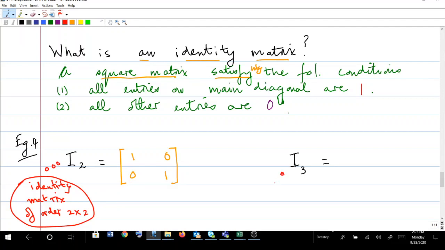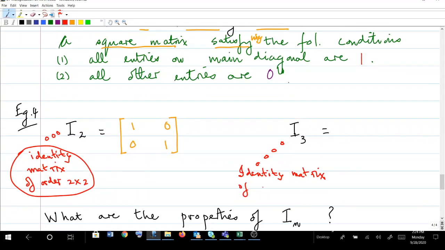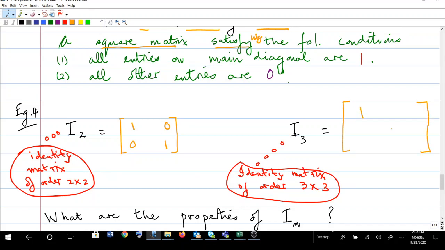This one here is the identity matrix of order 3 by 3. So your identity matrix of order 3 by 3, in the main diagonal, the entries are going to be 1. All other entries will be 0.